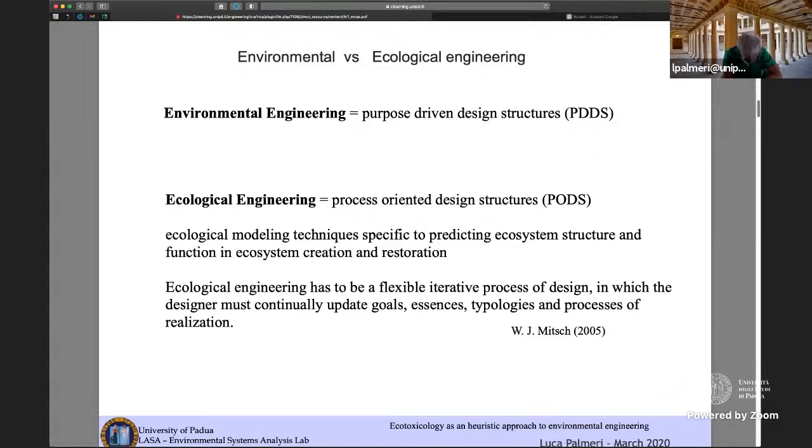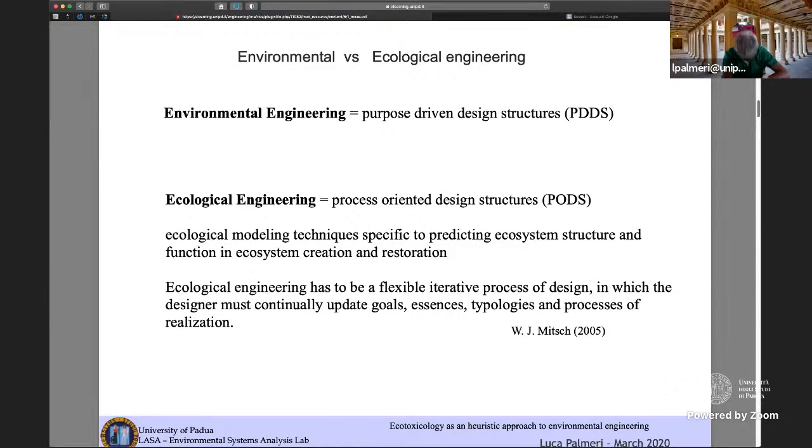Environmental engineering deals with purpose-driven design structures. This means that the structures that the environmental engineers are able to build, to perceive, to conceive are typically purpose-driven. For example, the environmental engineer often deals with the problem of wastewater purification.